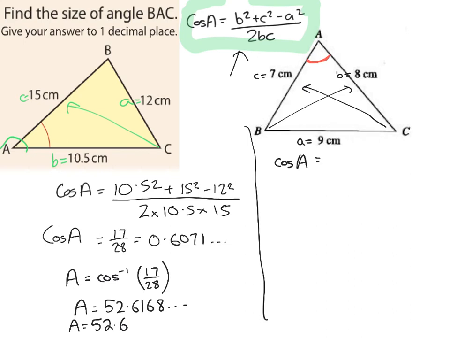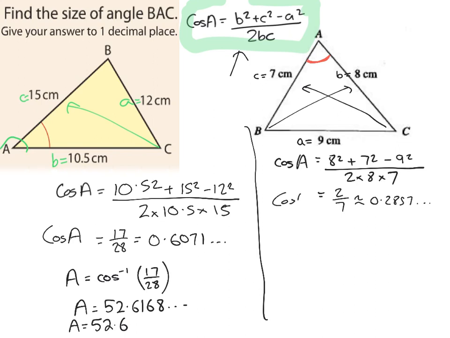So that's equal to 8 squared plus 7 squared minus 9 squared all over 2 times 8 times 7. Type that into my calculator, and that will give me an answer of 2/7. So that's approximately 0.2857, on and on and on.